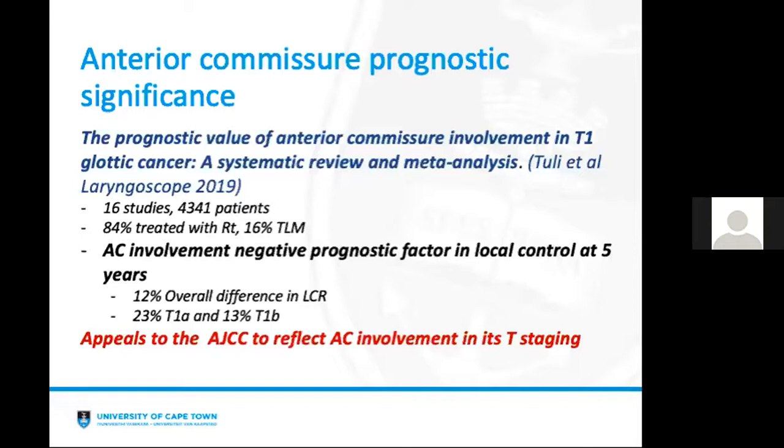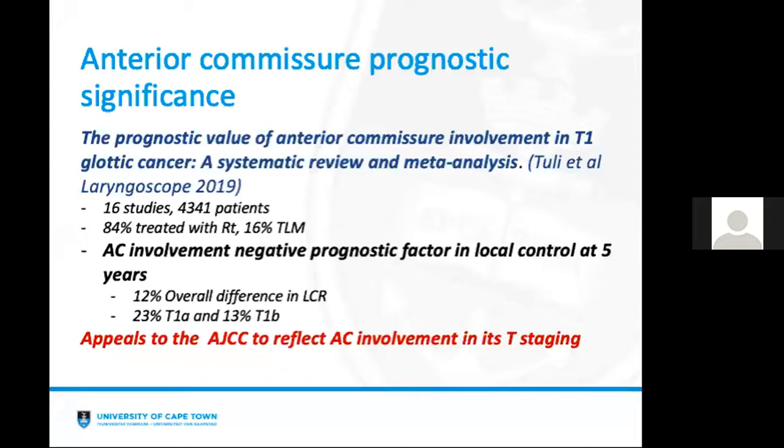The study confirmed that anterior commissure involvement is a negative prognostic factor in local control at 5 years, associated with a 12% overall reduction in local control, and specifically a 23% reduction in T1A disease and a 13% in T1B disease.